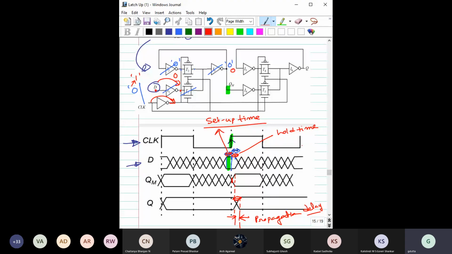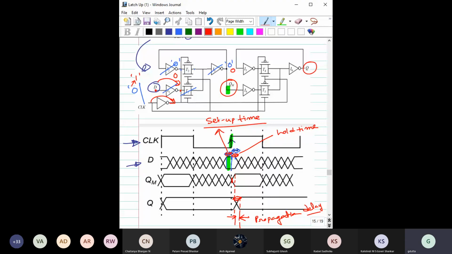Propagation delay is the time required for this QM to go to this Q. So what is the time required? For this inverter, this inverter, this inverter. Isn't it? Am I right?